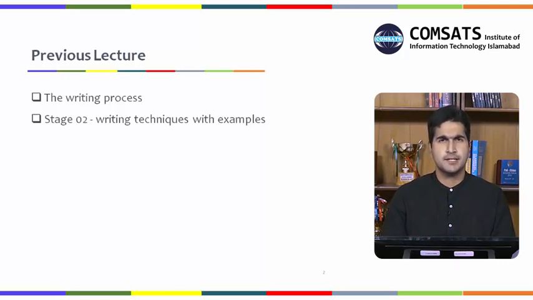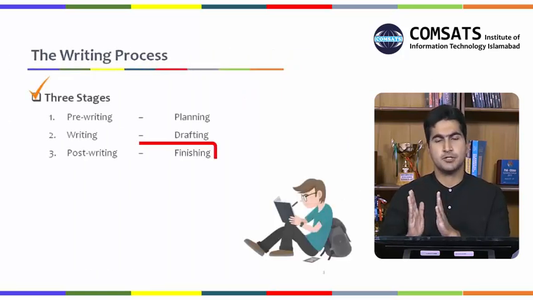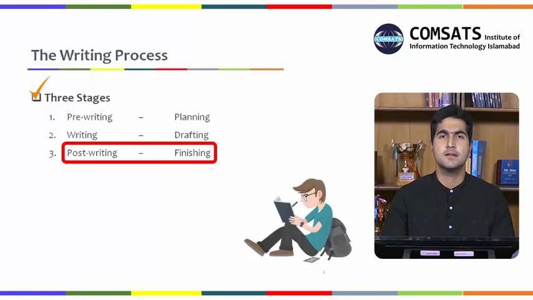We discussed some of the techniques as well as the examples in our previous lecture with respect to this stage 2, and now it is time that once we have this content on a piece of paper or a Word document, to make it perfect. And this perfection basically comes from our stage 3, which is the finishing, also known as the post-writing stage, the stage which comes after the writing is complete.